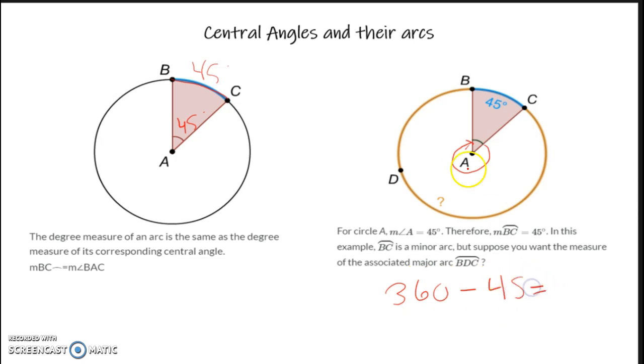So take away the 45 that's taken up by angle A and by arc BC, and you'll get 315 degrees. Therefore, the arc measure from B around to C in the other direction, so we'll call it BDC so that we know we're going in that order, that major arc is 315 degrees, the remainder of the 360 degrees in this circle.